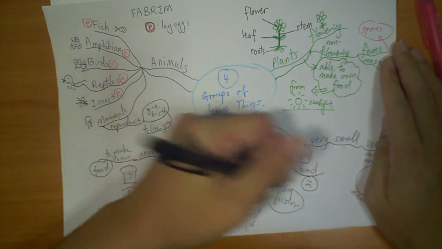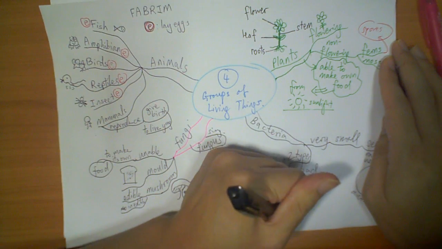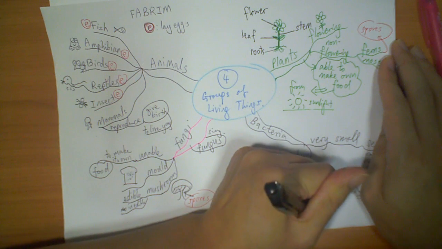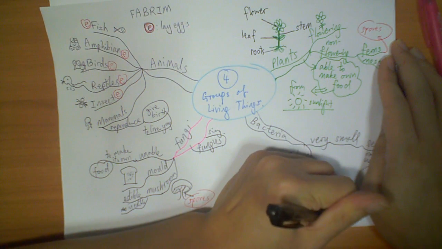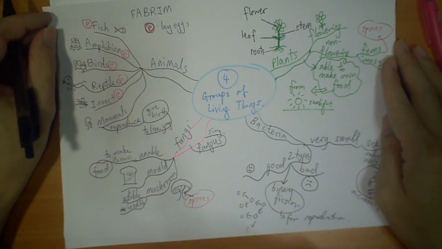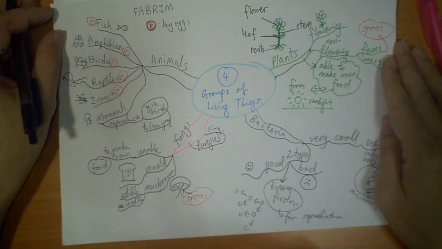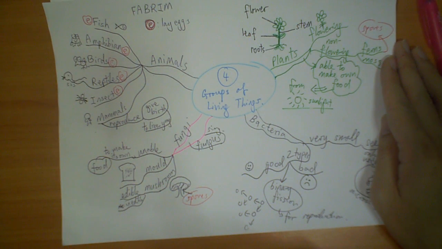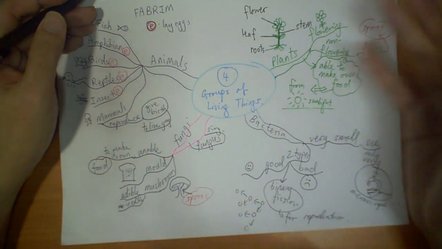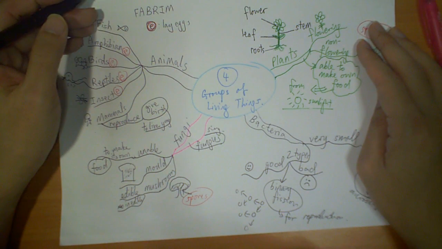Alright, so this is for reproduction. Alright, so this is a general overview of how it looks like when we want to draw the groups of living things for primary school science.